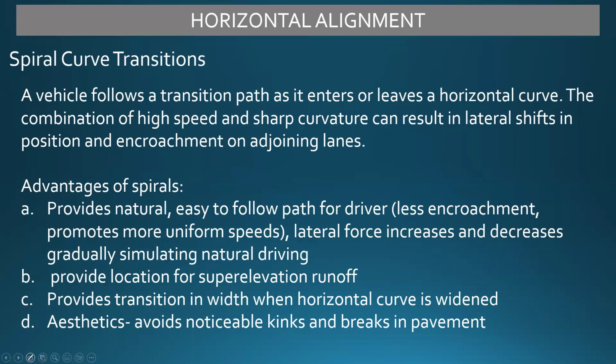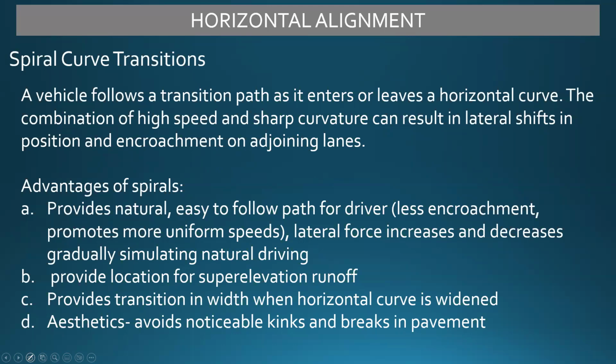Next, spiral curve transitions. A vehicle follows a transition path as it enters or leaves a horizontal curve. The combination of high speed and sharp curvature can result in lateral shifts and encroachment of adjoining lanes, because usually the rear wheels track inside.